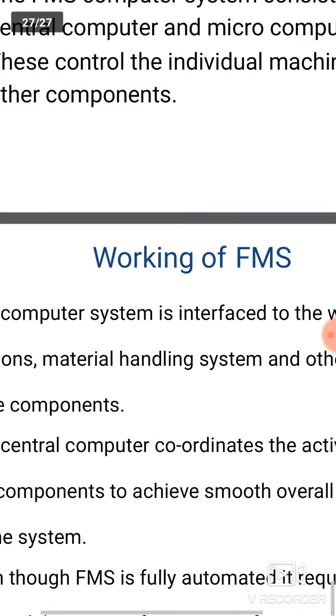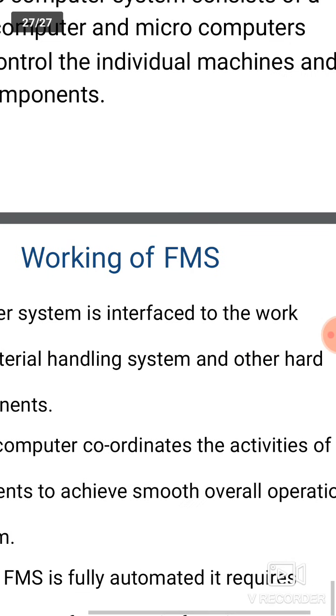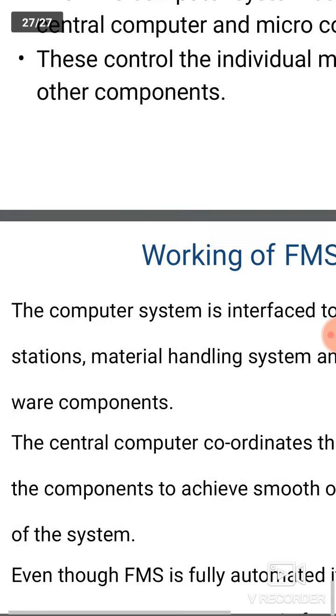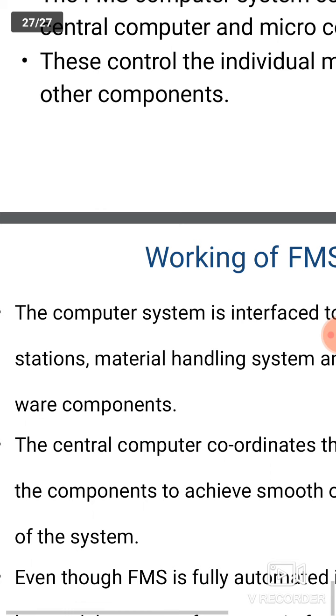Even though FMS is fully automated, this coordination is required. In this way FMS is fully automated, with no need of manual labor, because the computer checks the whole thing, like the components, material handling and microcomputers. All these we can control with the computer.